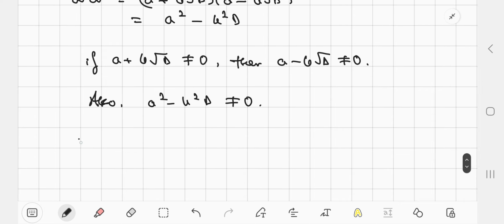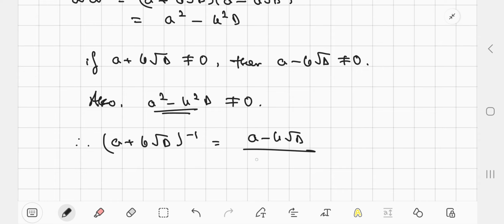Therefore I can write the inverse of A plus B root D as its conjugate A minus B root D divided by A squared minus B squared D.